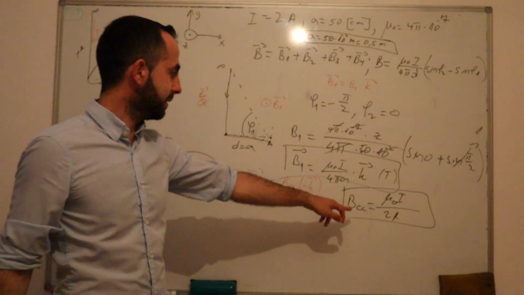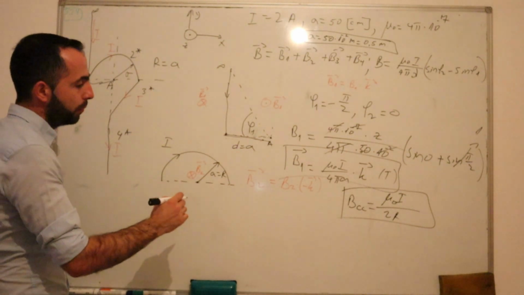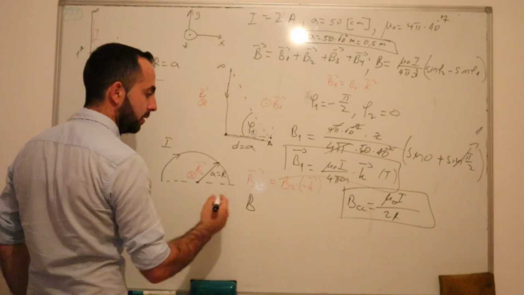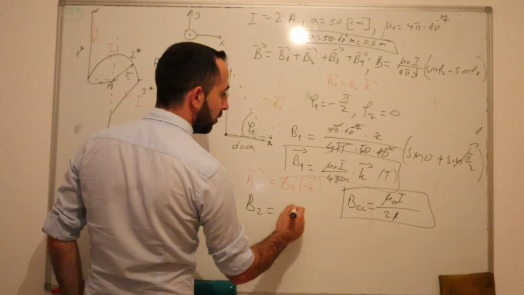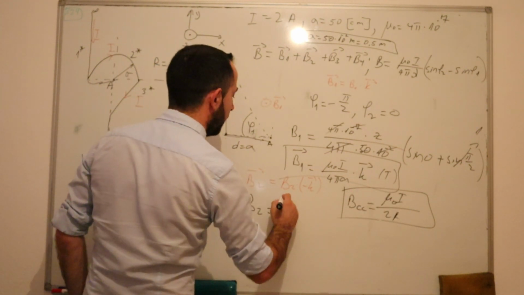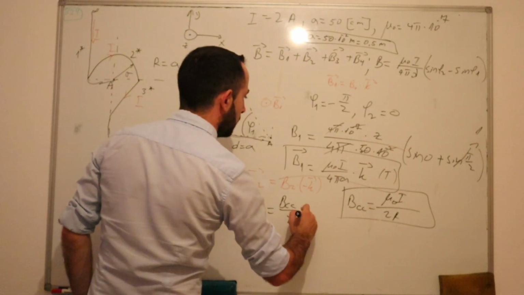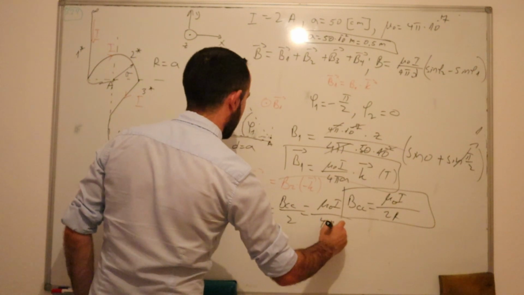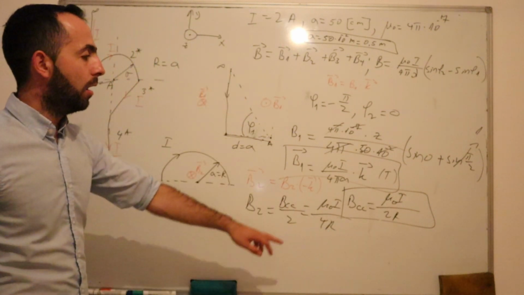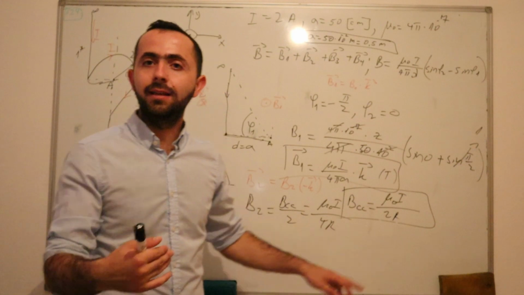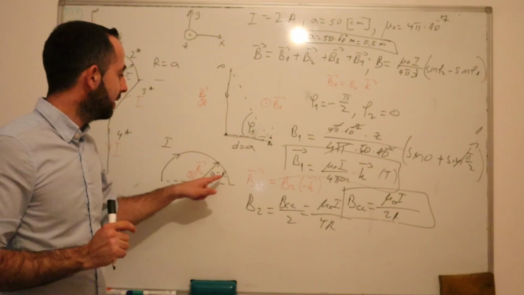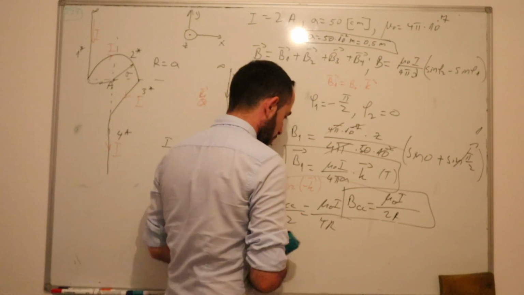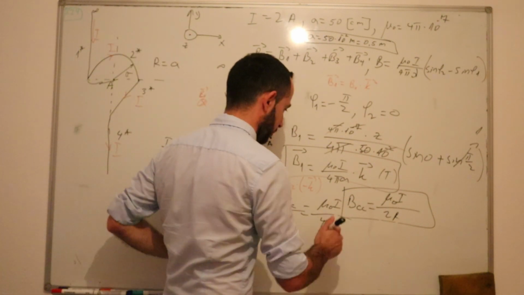This is at the center of the circle, but our B2 is not a complete circle, it's half of a circle, so it will be half of this value. So it is μ0I over 4R, where R is the radius, but in our case the radius is A, length A.